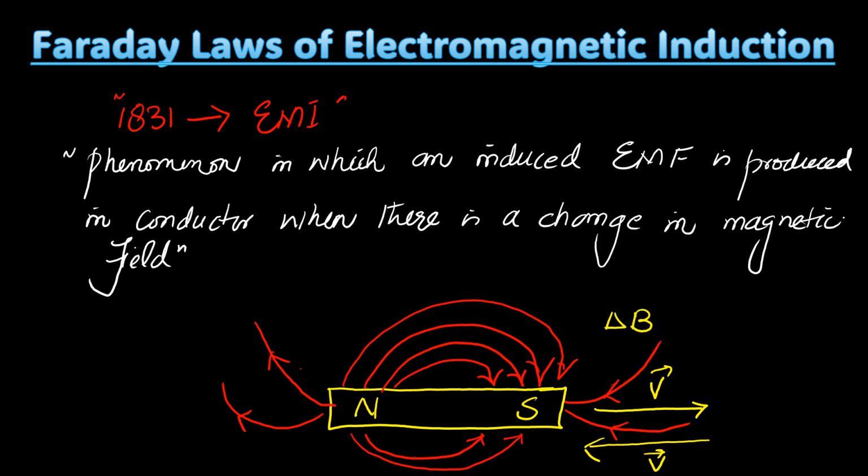Suppose we have a conducting coil, which we name C. If this conducting coil is placed near the magnet and the magnet goes toward or away from it, then the change in magnetic field, del B, will basically produce an electromotive force.